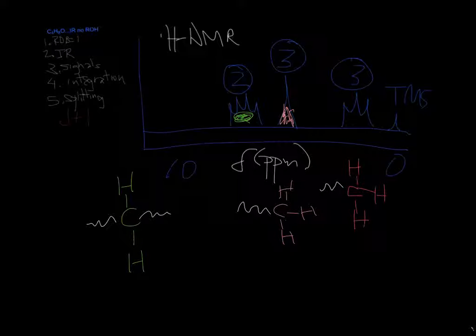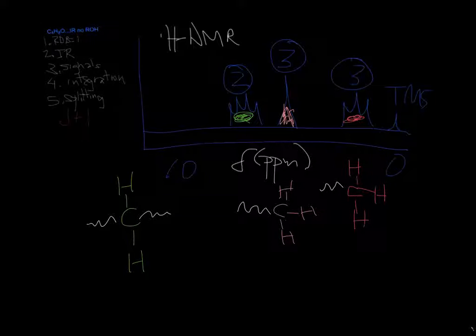So we now have to start putting the pieces together, and this is where multiplicity comes into play, because we've got to try to figure out what the pieces are. I'm going to go back to this one. And for its multiplicity, when it split, what did it split into?